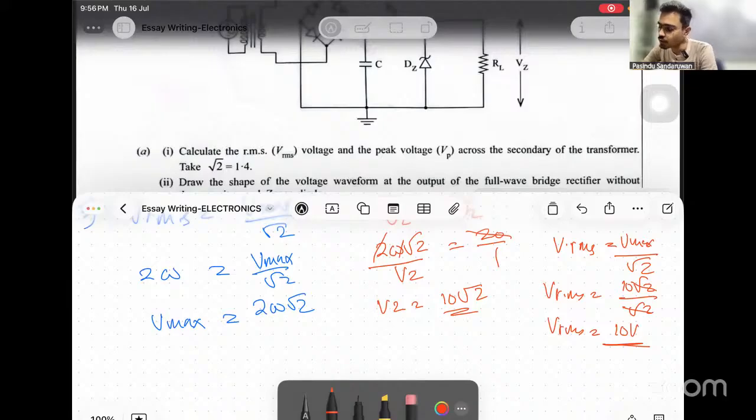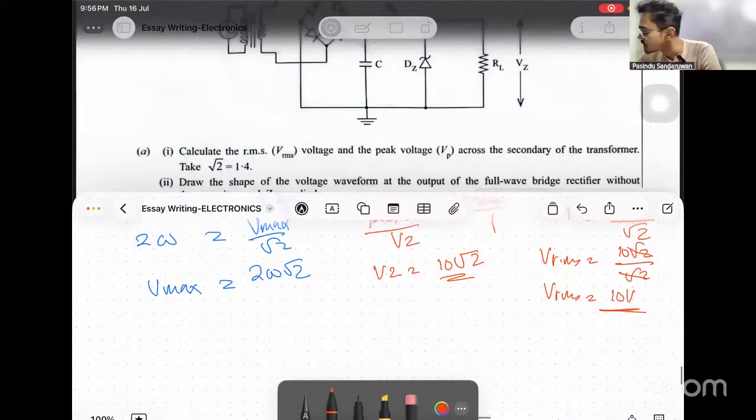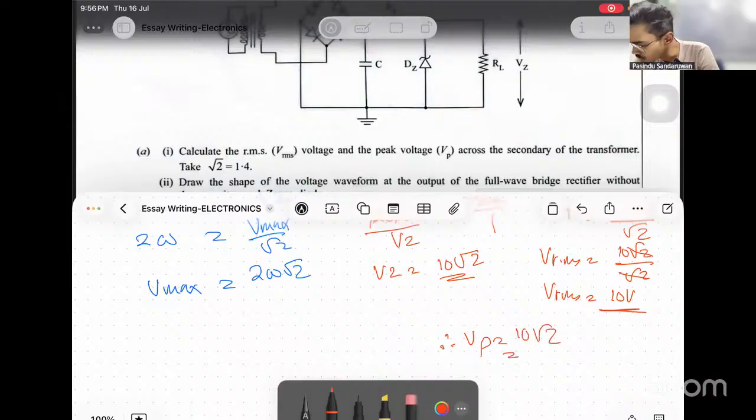And VP is also asked. VP equals 10 root 2, and with root 2 as 1.4, that is 14 volts. Those are the first two calculations.